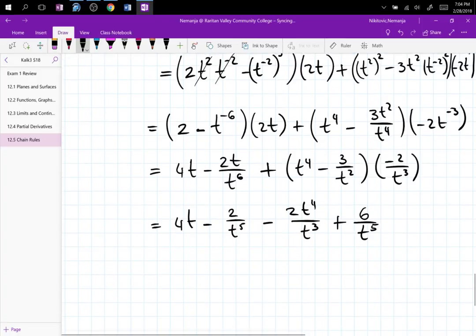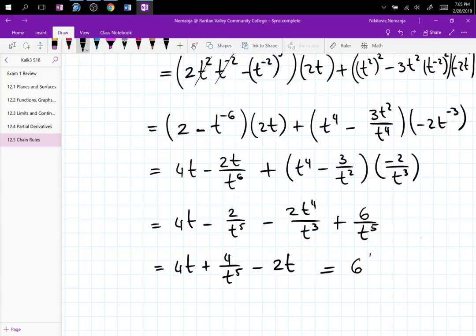There we go. t to the 5, because 2 plus 3 is 5. And finally I have 4t minus 2t to the 5. Oh, that actually adds to the last one, so it's plus 4 over t to the 5 and minus 2t. Oh, now these combine, and the answer is 6t plus 4 over t to the 5.